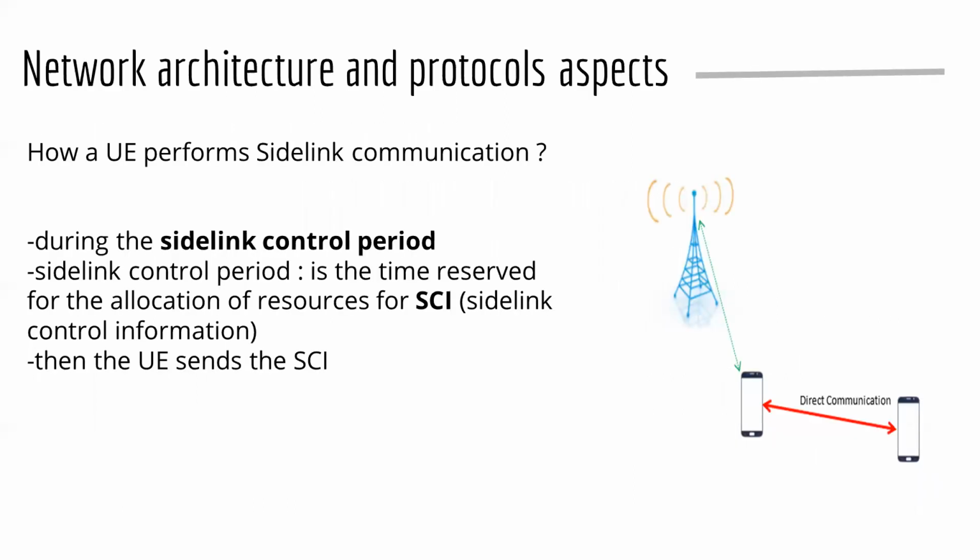How does user equipment perform side link communication? During the side link, the UE performs transmission and reception over the LTE Uu and PC5 during the side link control period. Side link control period is the time reserved for the allocation of resources for SCI, side link control information, and the user equipment sends the SCI.